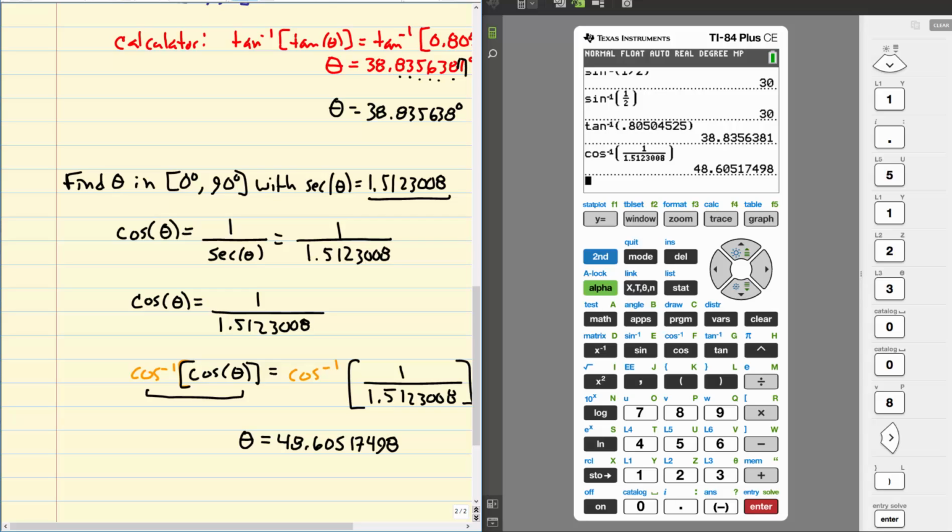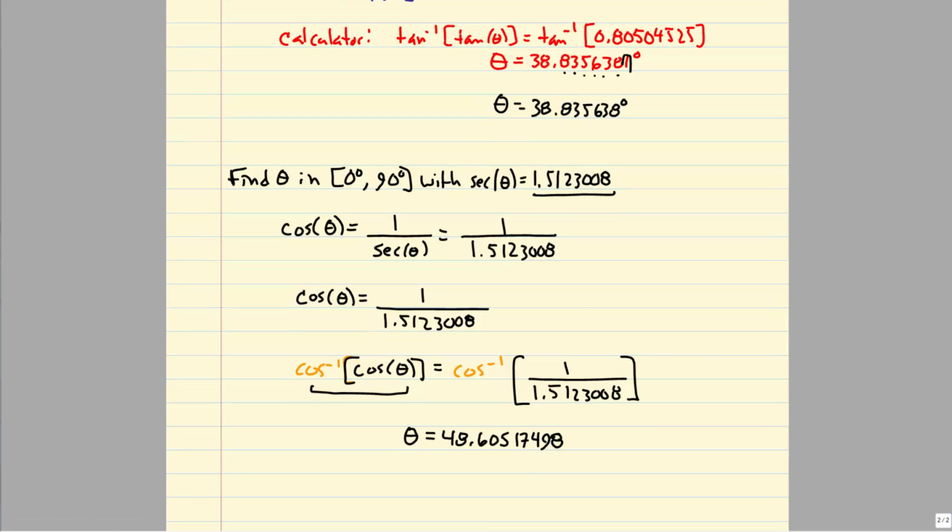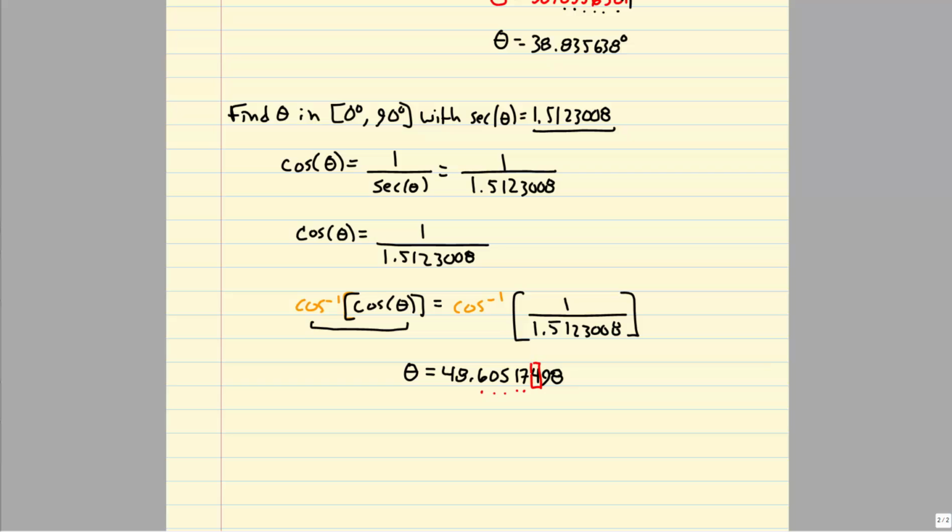Now the directions might be to round to 4 or 5 or 6 places, so make sure that you read the directions carefully to make sure you get the rounding correct. And so let's say this one's asking us to round to 5 places. So 1, 2, 3, 4, 5, and then this 4 would not change the 7, it would keep it as a 7. So my answer then would be theta equals 48.60517 degrees.